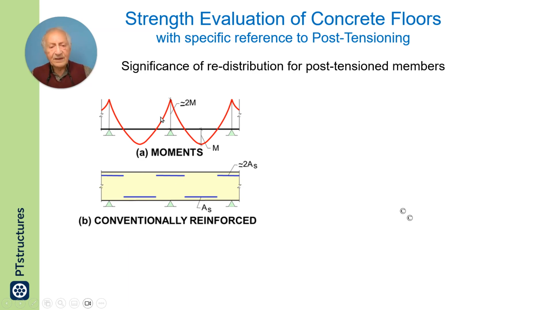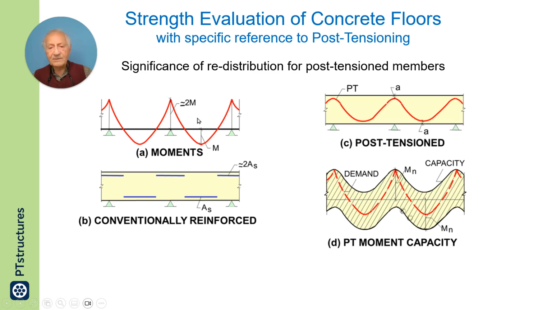Where you have a negative moment at the top, you put reinforcement at the top, and where you have moment at the bottom, you put reinforcement at the bottom. Everywhere you have a bending moment, you require reinforcement for the safety of the member. Now, this, when we contrast to post-tensioning, doesn't apply.